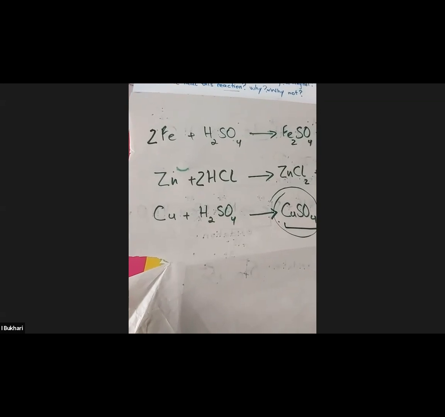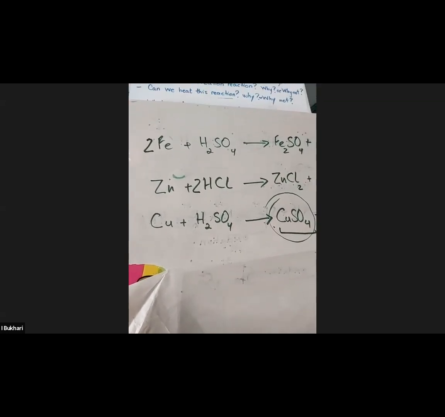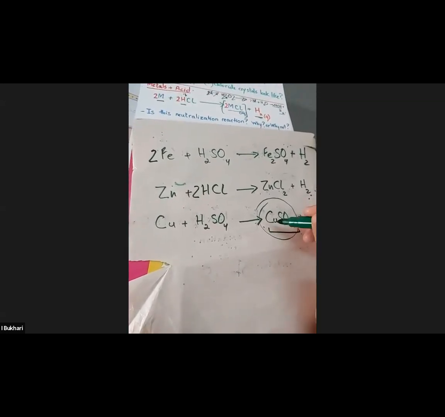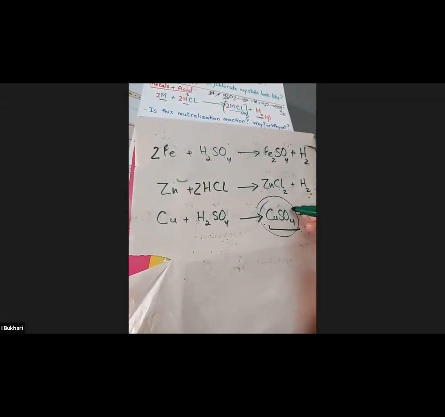Do you remember from your last class we discussed? What can be the other methods of preparing copper sulfate? Who remembers? Direct combination? No. Direct combination, how will you have sulfate alone? Sulfate is an anion.